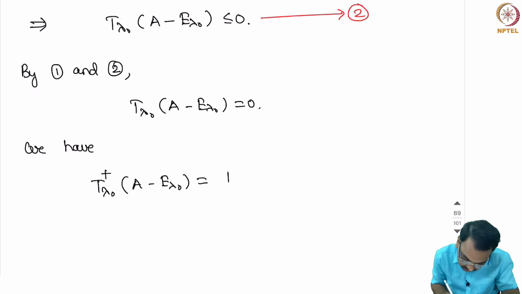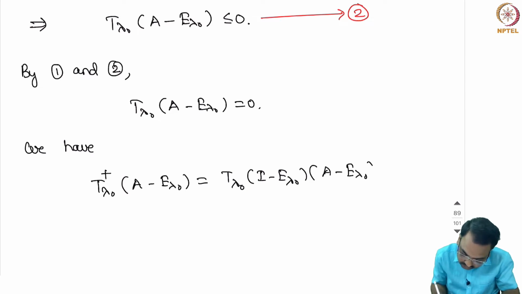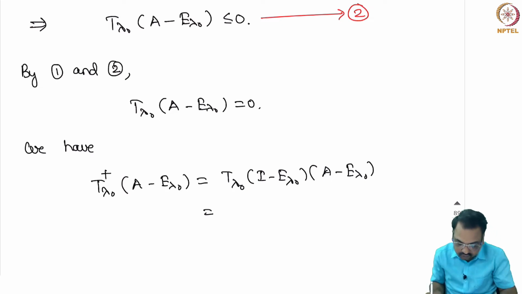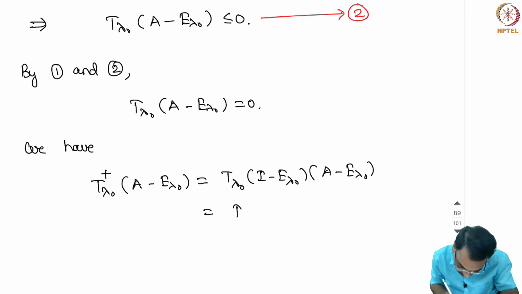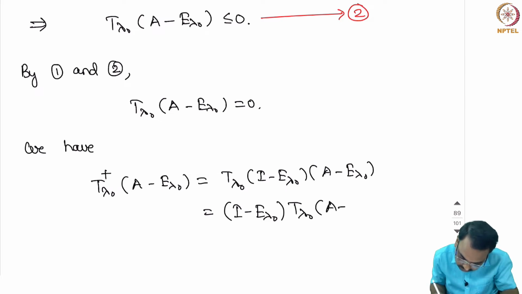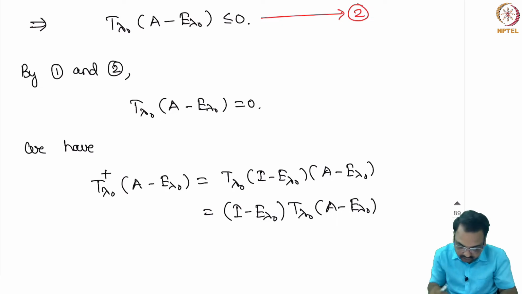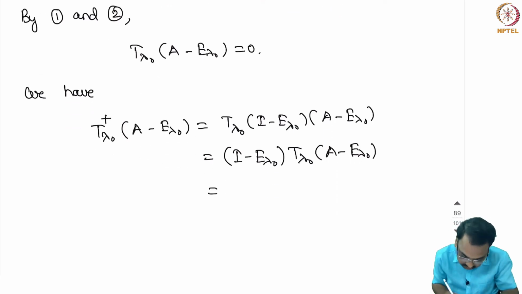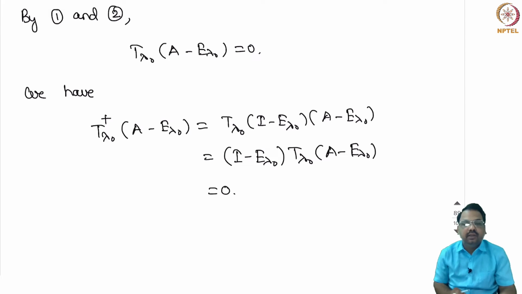So this is T lambda naught into I minus E lambda naught multiplied by A minus E lambda naught. We know that E lambda naught and I minus E lambda naught commute with T lambda naught. So we can say this is I minus E lambda naught into T lambda naught multiplied by A minus E lambda naught. But we know that T lambda naught into A minus E lambda naught is 0. So on the whole this is a 0 operator.